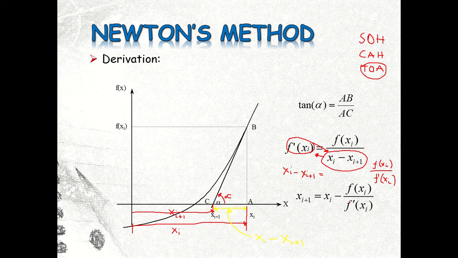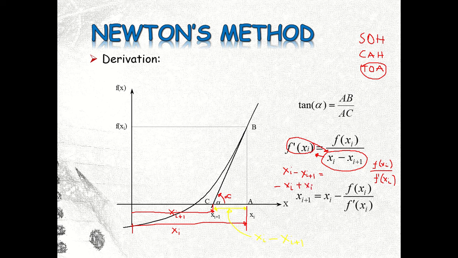Now this is the result, right? After that you multiply both sides by negative. When you multiply this by negative, this becomes negative x sub i, and this becomes positive x sub i plus 1.